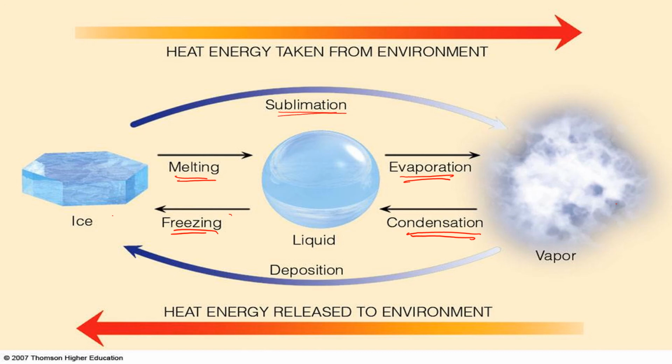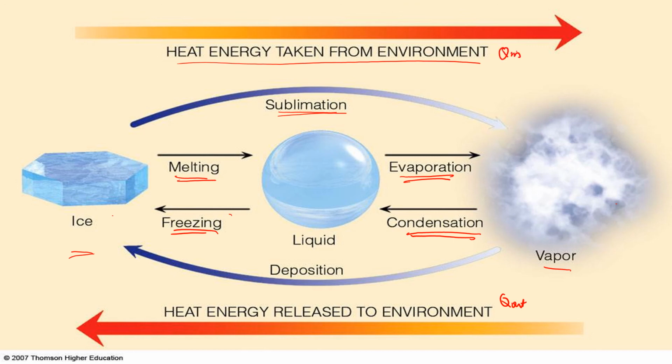Daripada solid ke vapor ni, dia adalah heat energy taken from the environment. Kalau daripada vapor nak jadi kepada solid semula, heat energy tu release to the environment. Kita keluarkan heat, okay. That means this is the Q out and this one is the Q in.